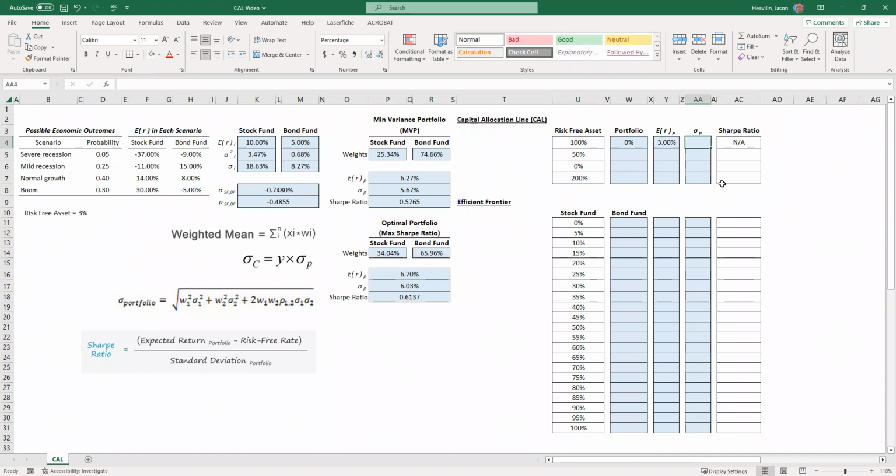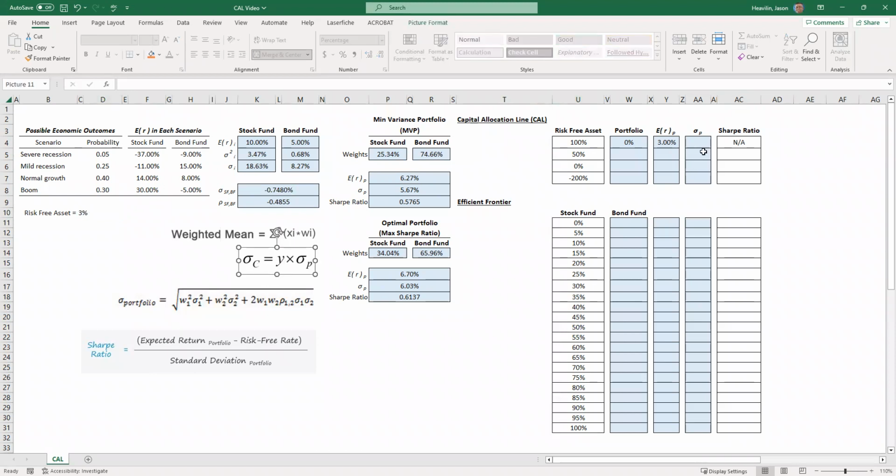Okay, so let's do the standard deviation of this portfolio. We are going to use this formula here to get the standard deviation of a portfolio like that. Now, this is a special case of standard deviation because we're combining a portfolio that has a standard deviation with a risk-free asset, which by definition does not have a standard deviation.